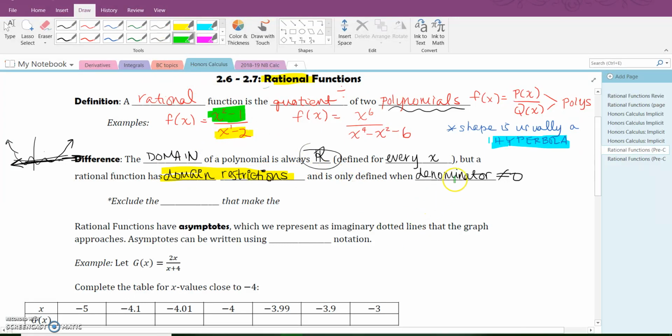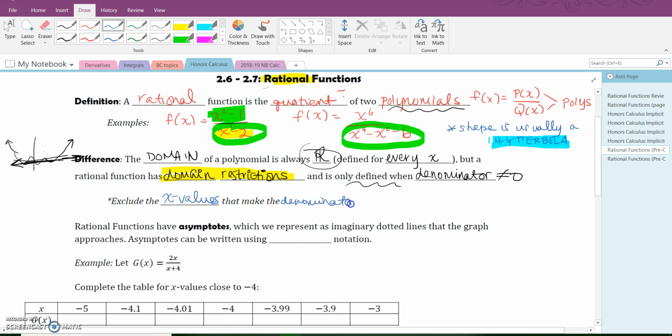And remember, we can never divide by 0. So for the domain restriction, you're going to look at your denominator and think, what would make us divide by 0? Because dividing by 0 is the thing that's not allowed in math. So our rationals are only defined when the denominator is not equal to 0. So the way that you'll get the domain of your rational is you will exclude the x values that make the denominator equal 0.